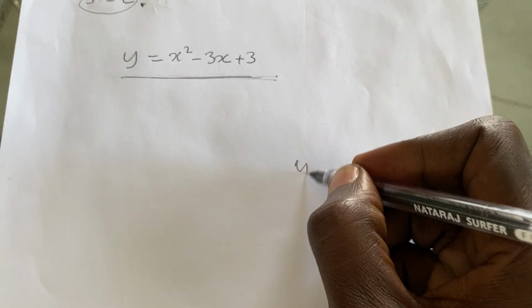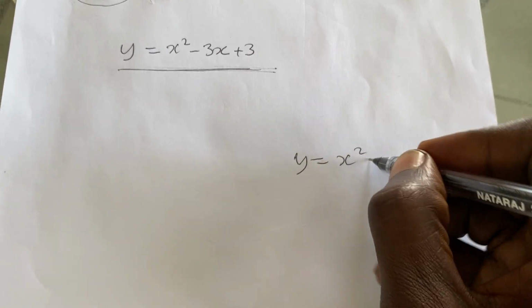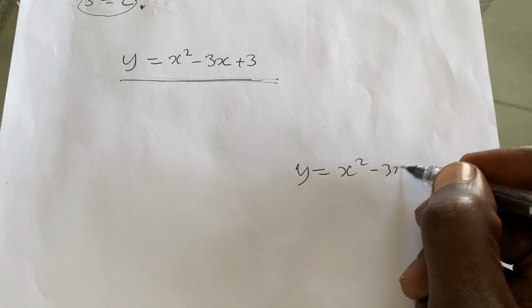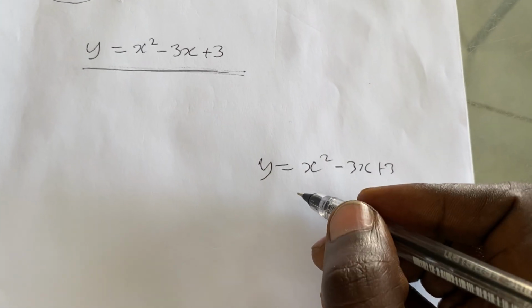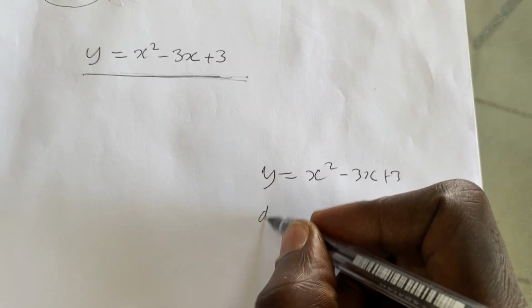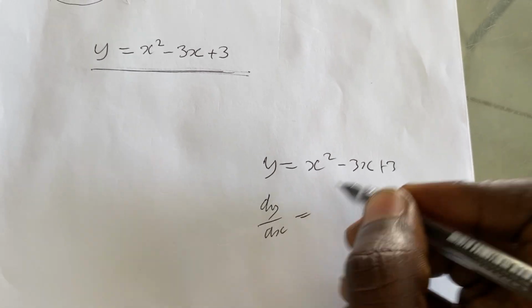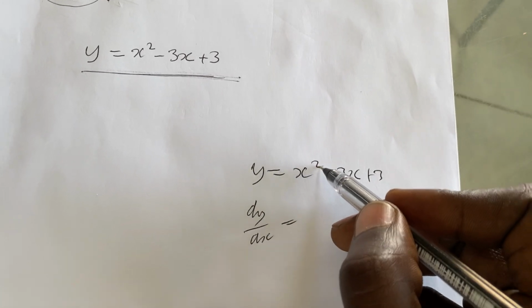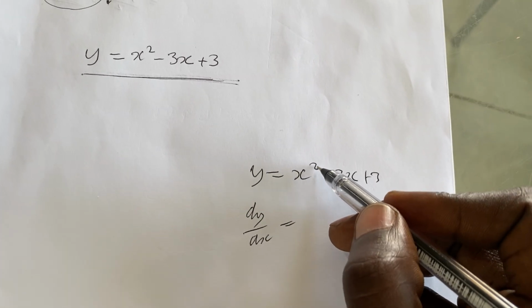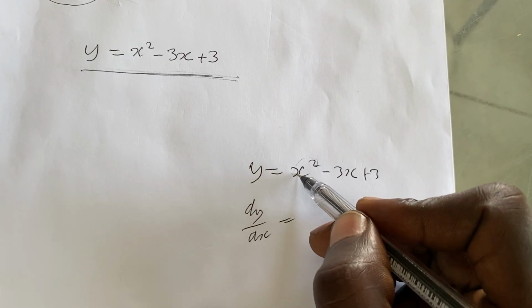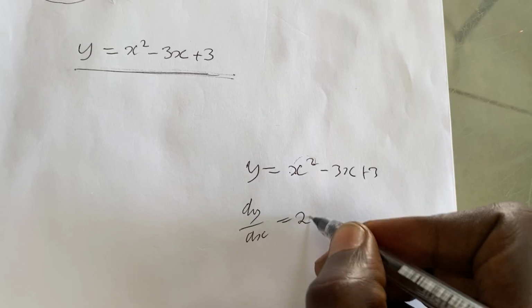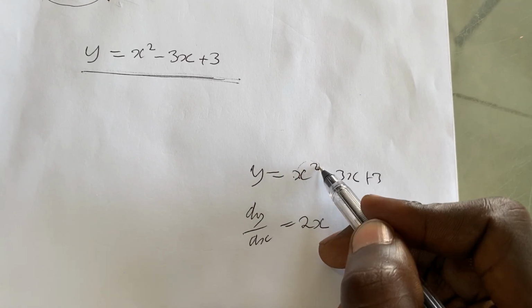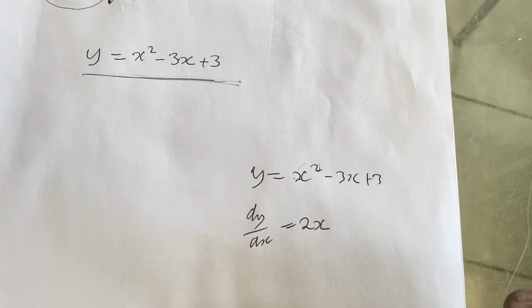If you have y is equal to x squared minus 3x plus 3, the dy dx is the opposite of integration. You drop the power, multiply by the coefficient, and the coefficient of x squared here is 1, so it will give you 2x. Then take away 1 from the power, it becomes 1.